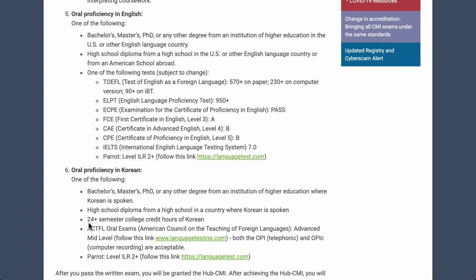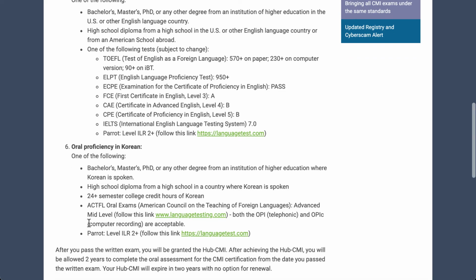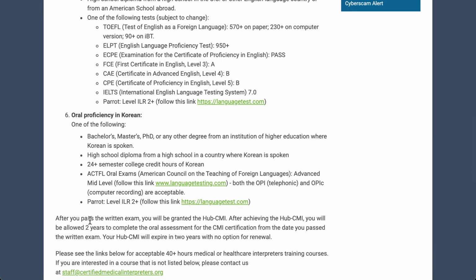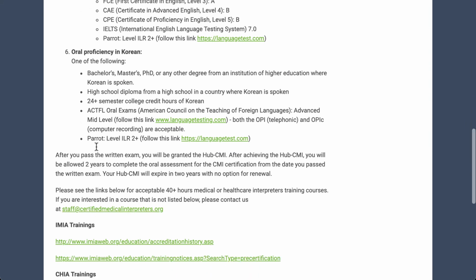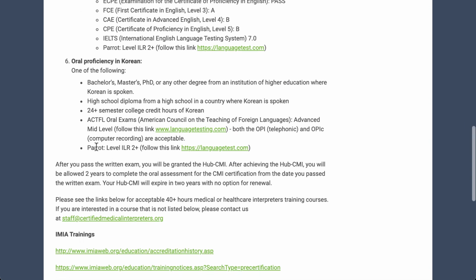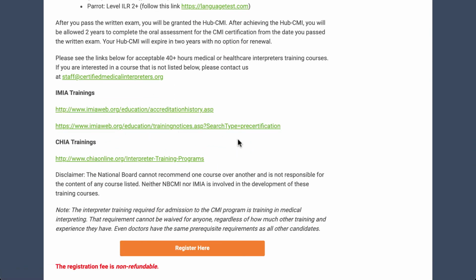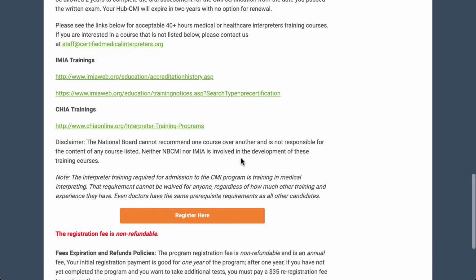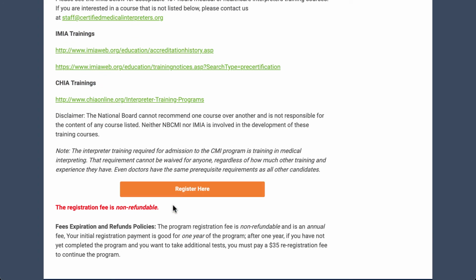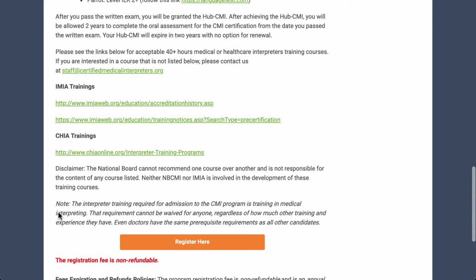You sign up, you pay, and then you will be able to get your result pretty quick. It wasn't very long for me. So that is pretty much all of the prerequisites you have to prepare. And again, I showed you earlier that you can go to one of these websites to double check what you need to prepare. Once again, the registration fee is non-refundable.